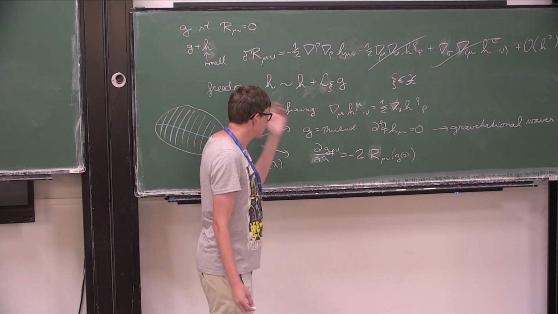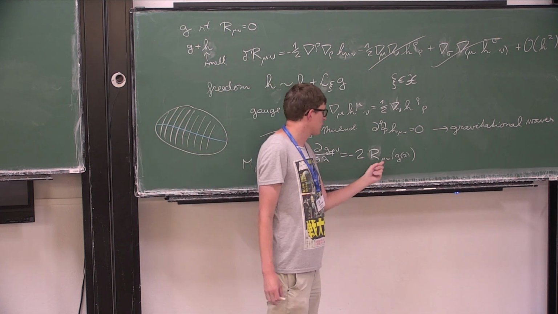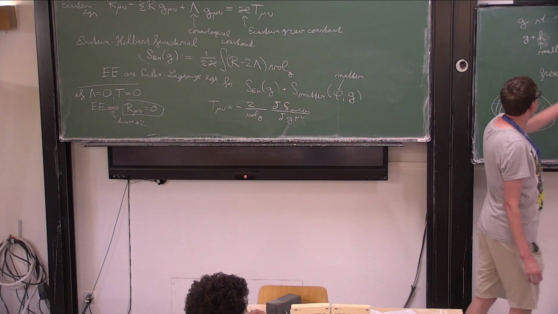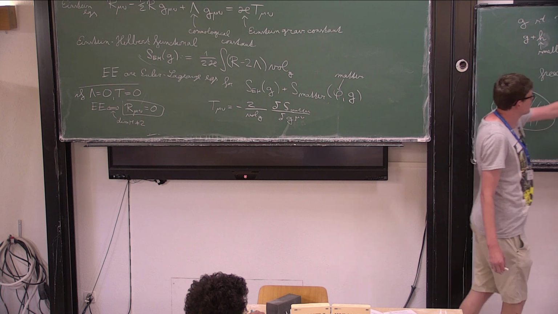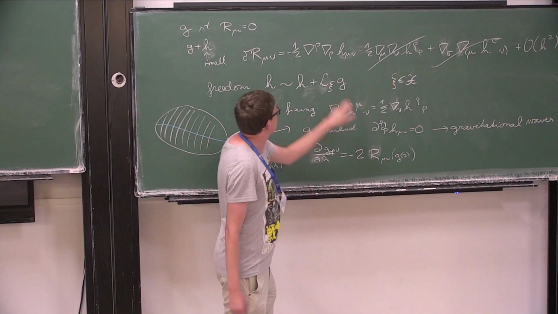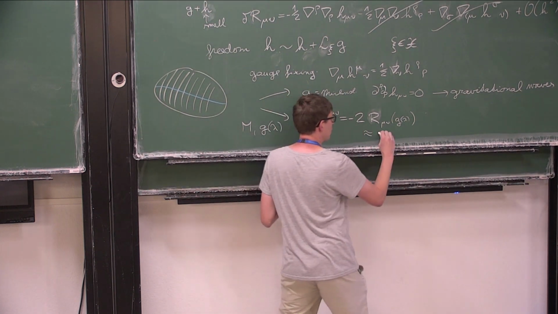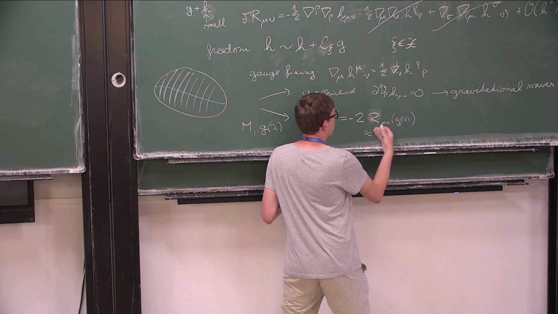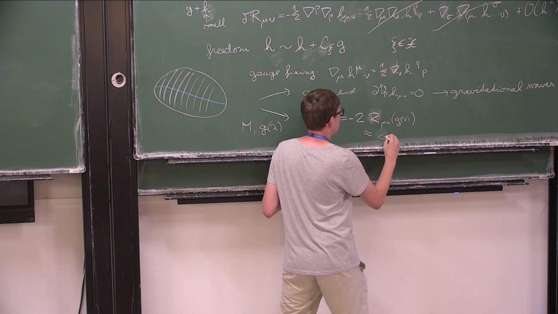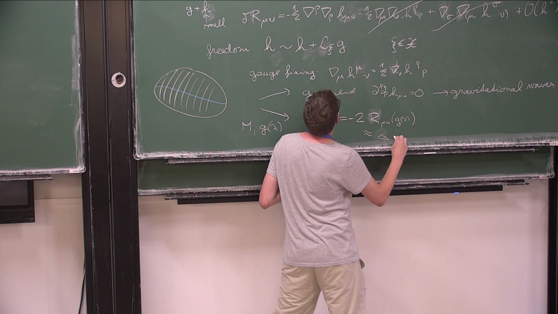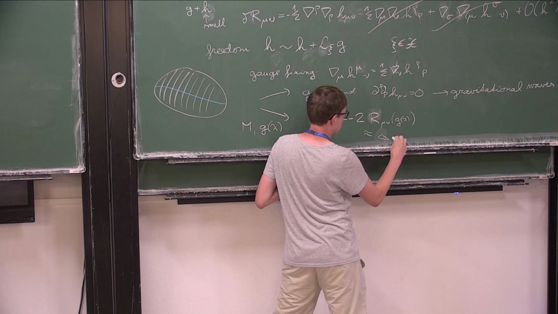So this minus 2 is there simply to offset this thing. And you see that this is a horribly nonlinear equation because the way the Ricci tensor is formed out of the metric is very nonlinear. But up to this first approximation, and in this gauge, this right hand side looks like a wave operator, or like a Laplace operator, whatever, acting on these metric perturbations.